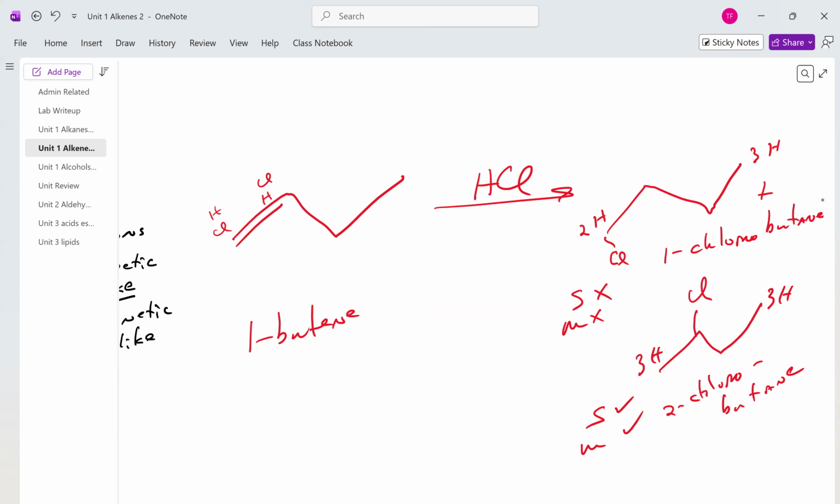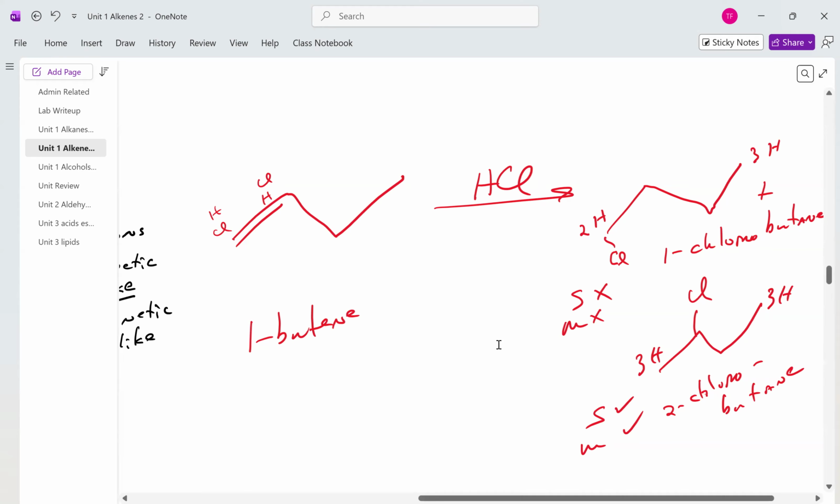Now, frequently on a test, I'll ask you two kinds of reaction problems. I'll say, cover up the products. If you got 1-butene in an acidic environment, HCl, what do you get? The other type of problem is I'll say, how do you make 2-chlorobutane? What's the precursor for 2-chlorobutane?